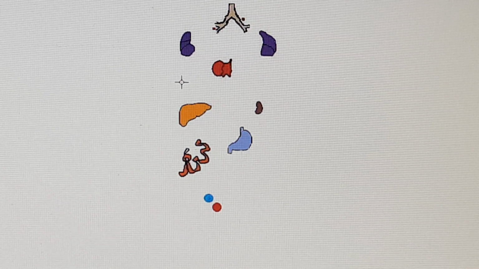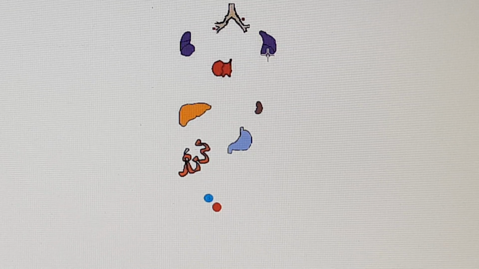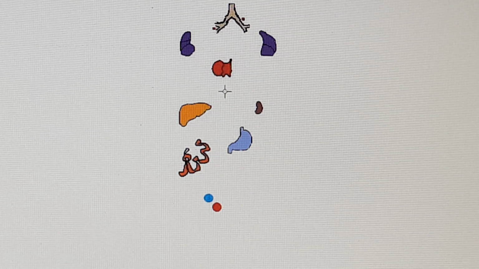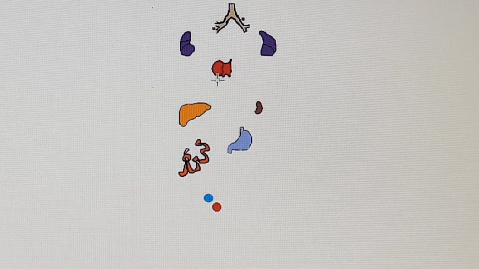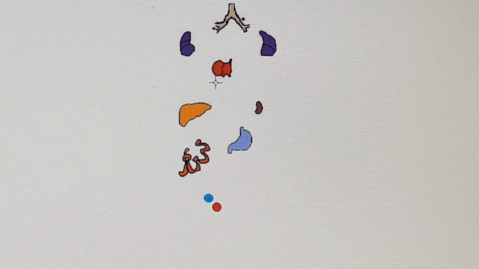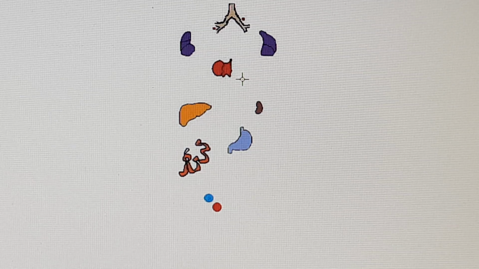When we come to the lungs, the right lung has 3 lobes, the left lung has 2 lobes. In the heart, especially in relation to the atria, the right atrial appendage is broad-based, large, and the left atrial appendage is narrow, finger-like.